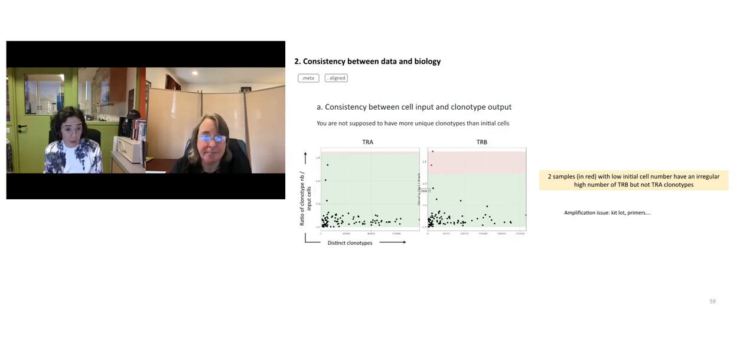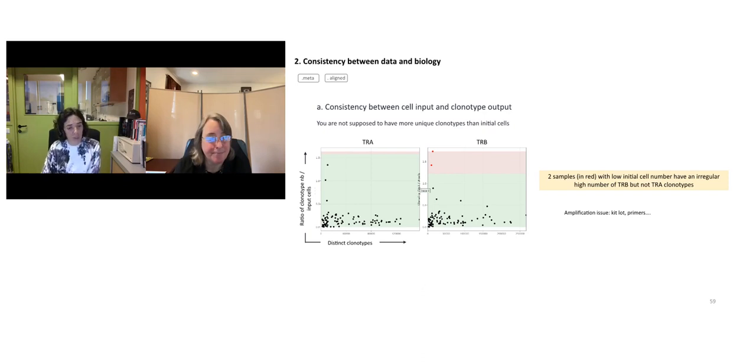Another thing that we can do, and again, those are examples, is something we really focus on. In our case, we are always looking at the repertoires of sorted cells. So usually we know how many cells we sorted, and then we expect to have at most the same number of TCRs as cells, but we don't expect to have more TCRs than the number of cells that we had at the beginning.